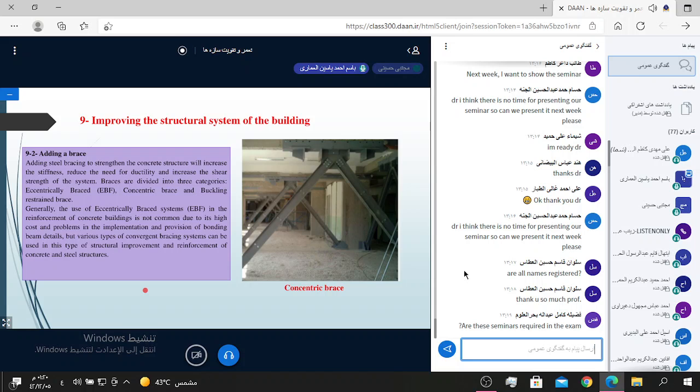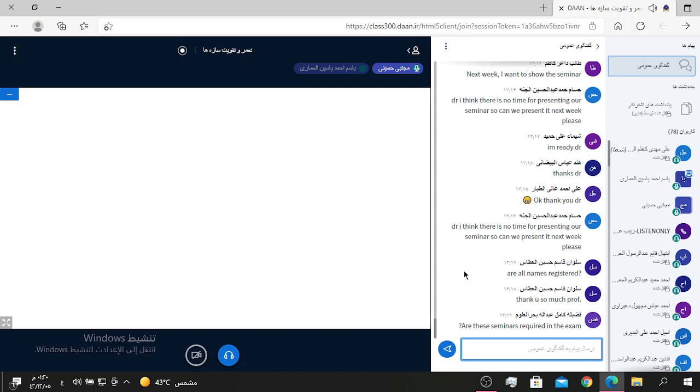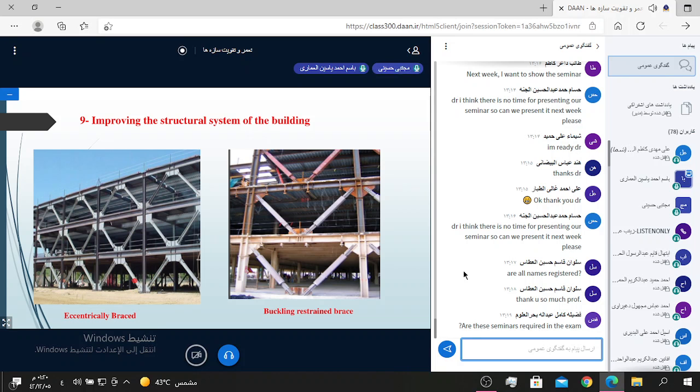The type of system can be used according to the type of structure. To explain extensively, braced and buckling restrained braces are different from this system.